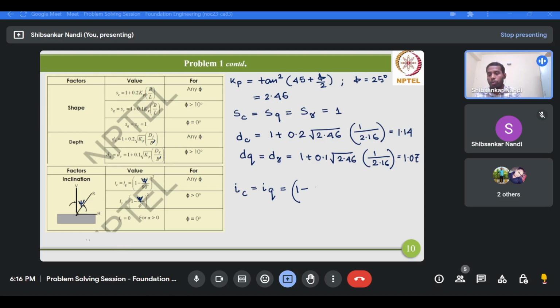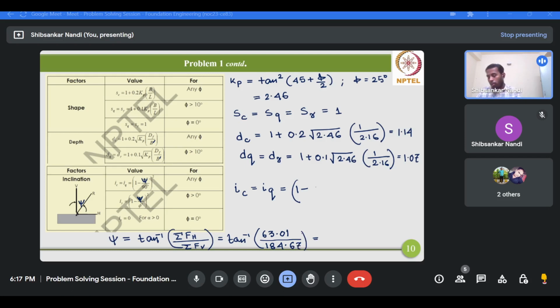Now what is the value of psi? So this psi value you can calculate from tan inverse summation of FH divided by FP. That means tan inverse 63.01 divided by 184.7.